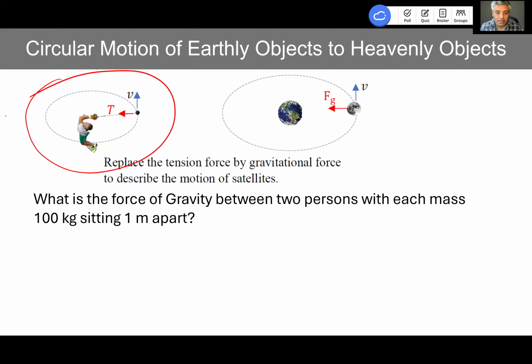Where is that force coming from? And that's where Newton comes in. Newton says there is this force acting on the moon from the earth, just like the force from the earth acts on us, which basically keeps it in that circular path. Okay.